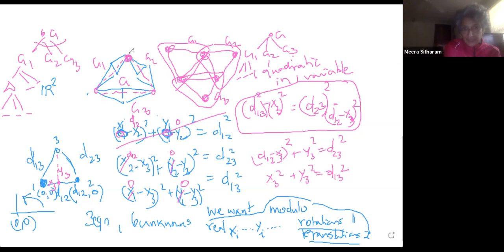Since you already have the solution to G1, G2, and G3, and you're trying to get the solution to the whole thing, all it takes is to find this triangle, so find this point. Once you find that point, you're done. So this step that we did just now is sufficient again to do that. So that's how the 3D composition works.